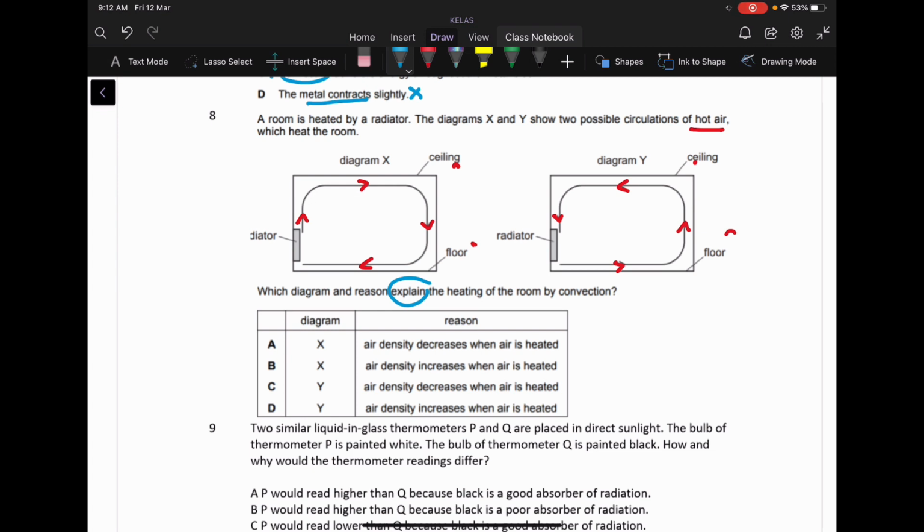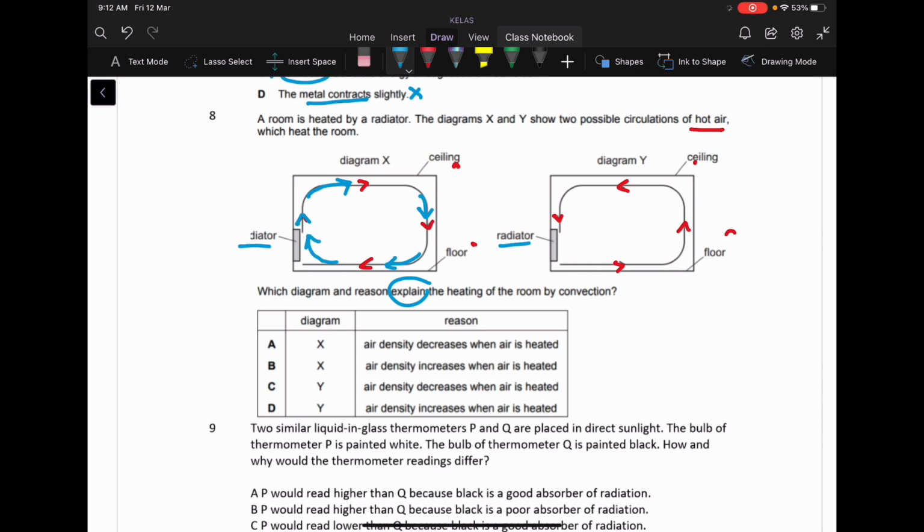Okay, you need to know for convection, from the source of heat. The radiator is the source of heat. So the heat is from the radiator. The heat must travel from the heat source and then move up because it has less density, and then cool air will go down and this continues.